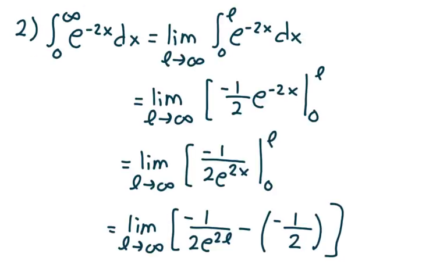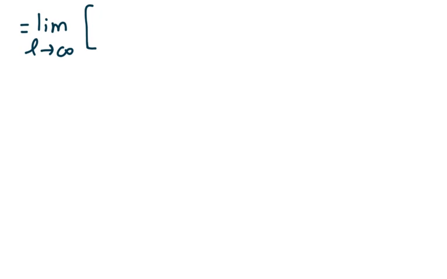So this is the limit as L goes to infinity of. Now, if we go back, when you subtract a negative 1/2, that's the same thing as adding 1/2, right? So what we end up getting is 1/2 minus 1 over 2e to the 2L. But as L goes to infinity, 1 over 2e to the 2L goes to 0.